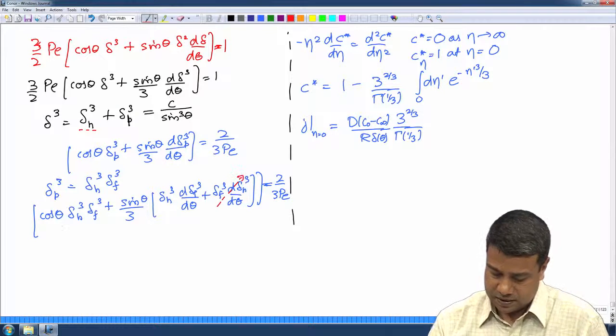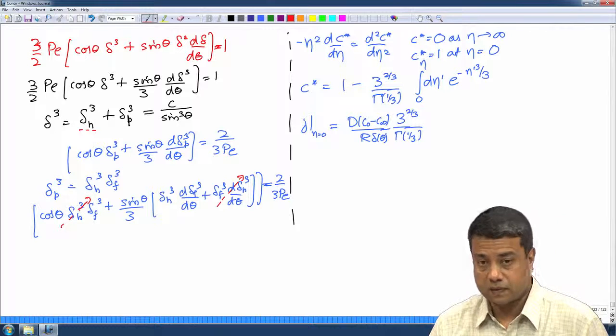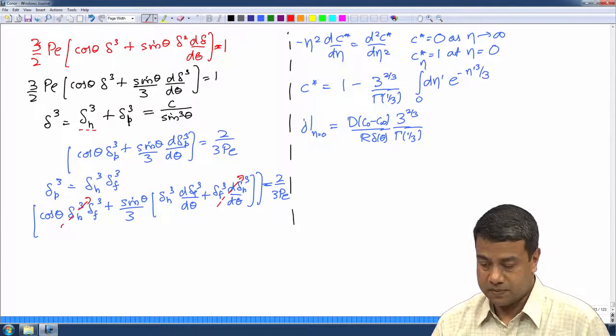You can easily see that because those were the solutions of the homogeneous equation anyway. So, these two terms will cancel.